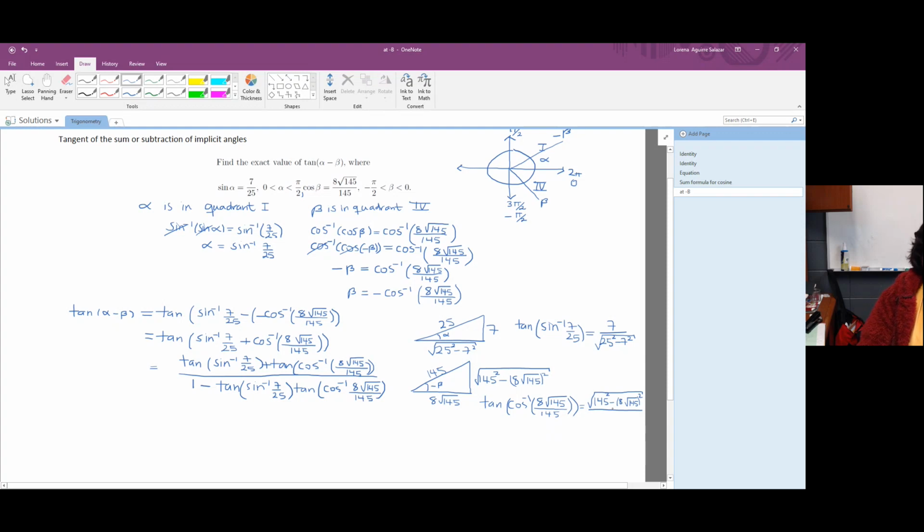And then divided by x, so the x value is 8 root of 145. Okay. Now the next thing we would do is insert those numbers into the equation here. I guess we can write that, but that's going to be really long.